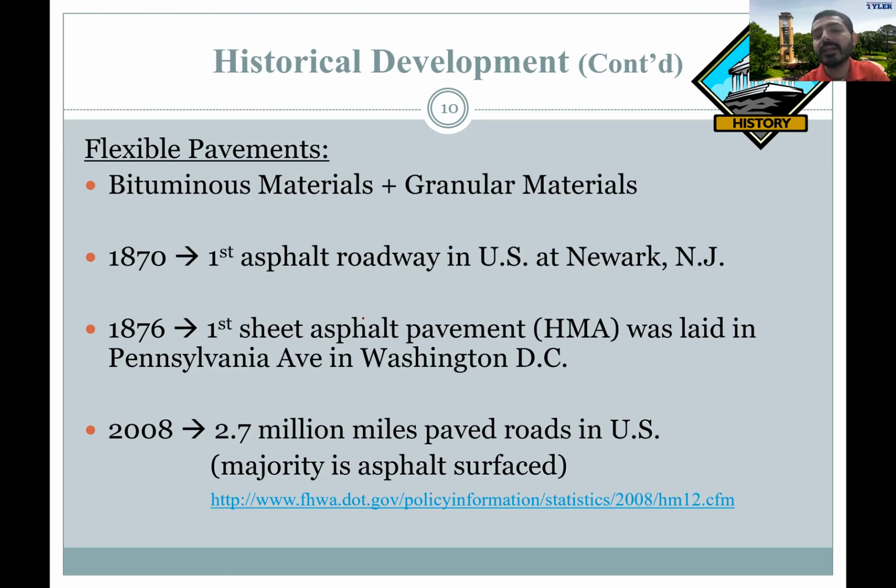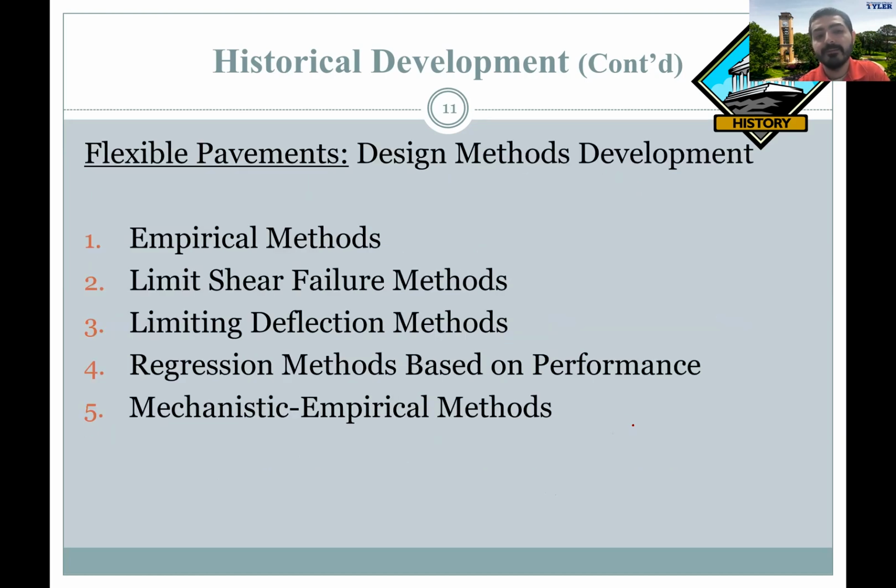That was on Pennsylvania Avenue in Washington, D.C. A century later, we have about 2.7 million miles of paved roadways in the US. 2.7 million miles. That's lots and lots of miles paved using hot mix asphalt. Keep that number in mind, because we're going to compare it to how many miles we have using cement pavement, rigid pavements, which is the Portland cement concrete.